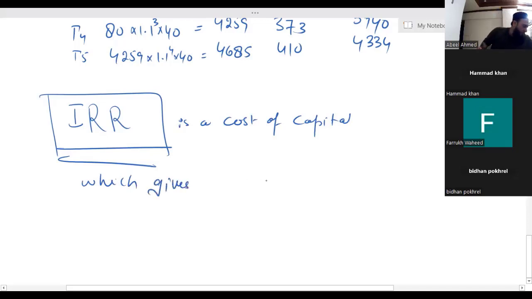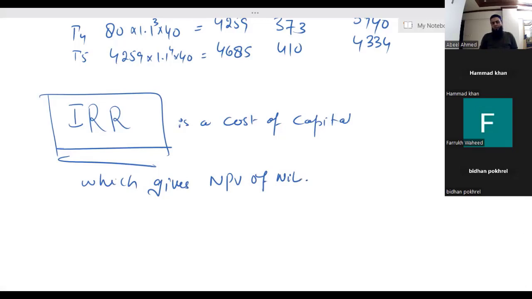Simply, if your cost of capital reaches IRR, then your project will produce an NPV of zero.